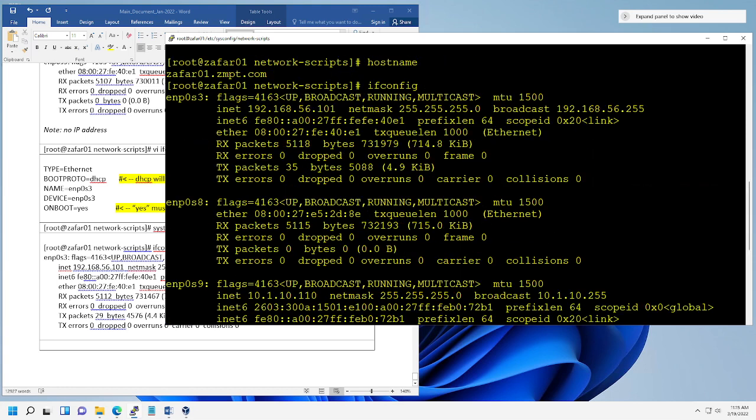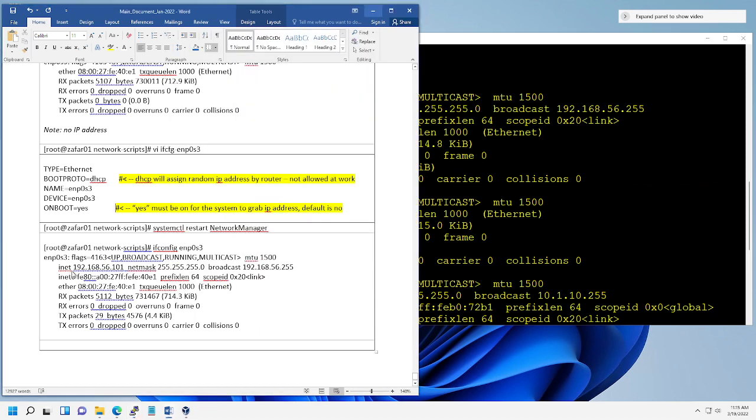All right, so now let's configure the static IP address.